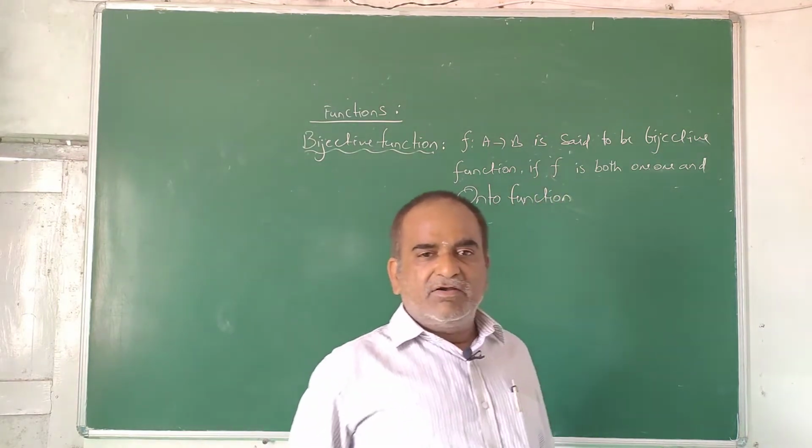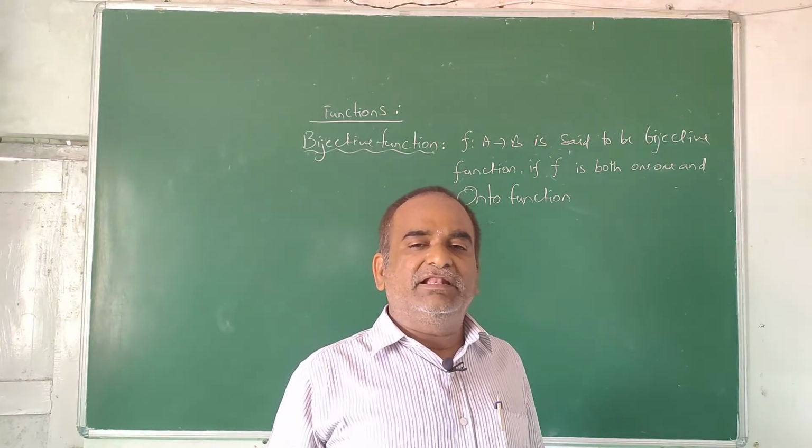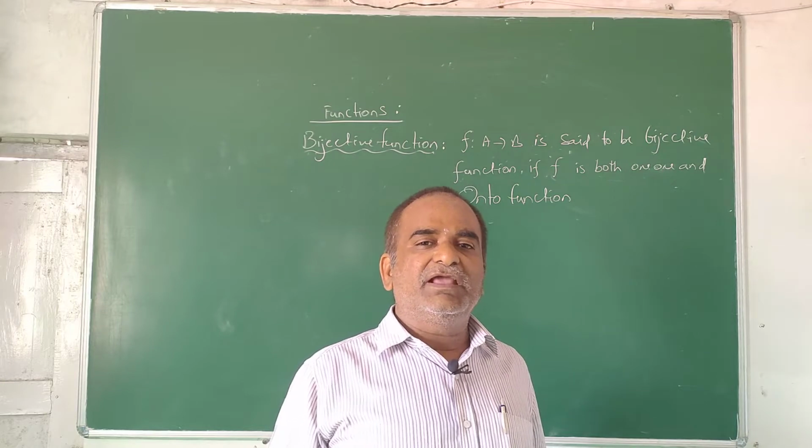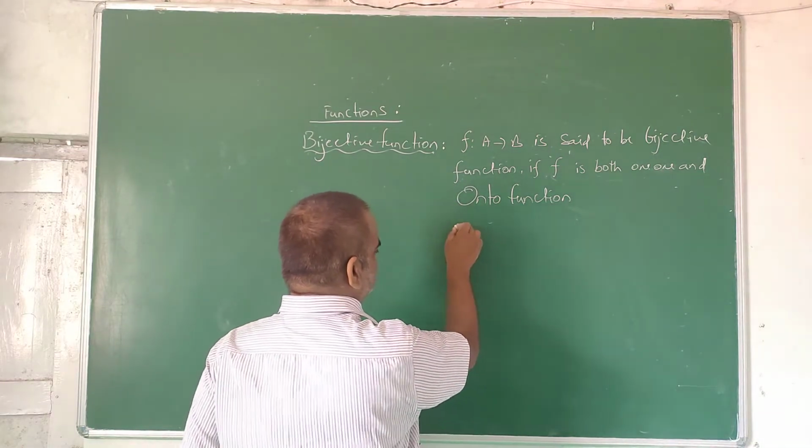That means both function rules you have to see simultaneously in the same function, then it is said to be a bijective function. See, I will give an example.